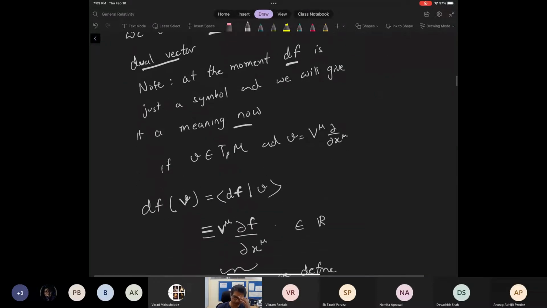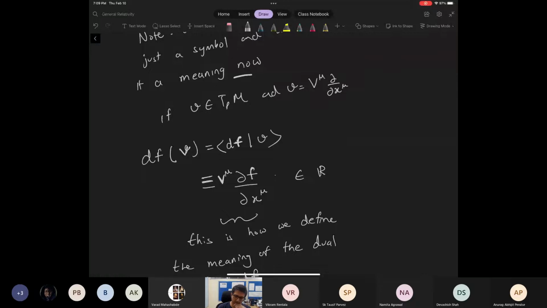If the vector v belongs to the tangent space at the point P, you can write it in coordinate notation as v mu partial x mu, where you have some coordinates x mu on that patch which describe the coordinates of the point P. Now you can define the action of the dual vector df on this vector v as an inner product.